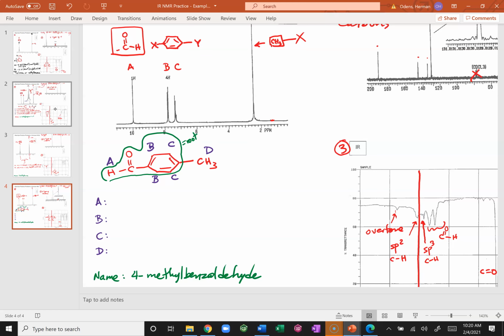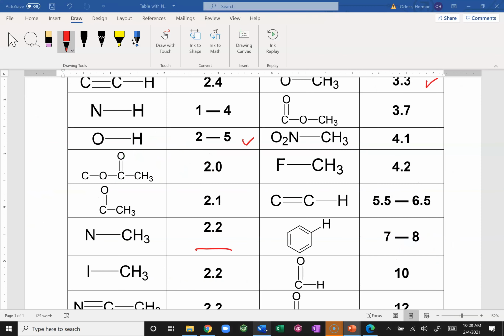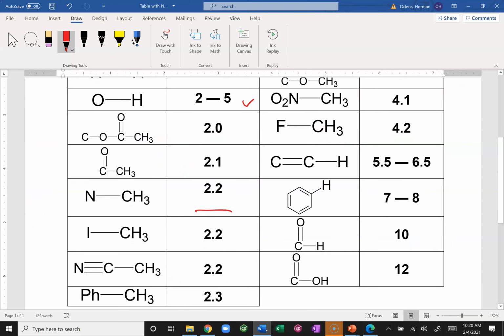All right, let's do the labeling of the splittings here. Check out the chart. Here's the signal for the aldehyde. It's usually at 10. The carboxylic acid is between 10 and 12.